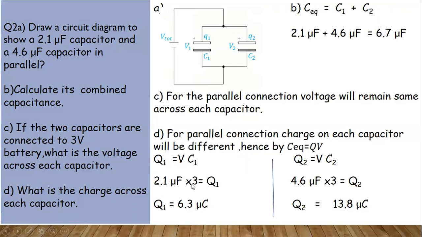So, 2.1 into 3, that will be 6.3 microcoulombs, and for the other, Q2 is equal to V into C2, and C2 is equal to 4.6 into V is equal to 3, that is 13.8 microcoulombs. So this is how we are going to solve the problems related to the parallel circuit.